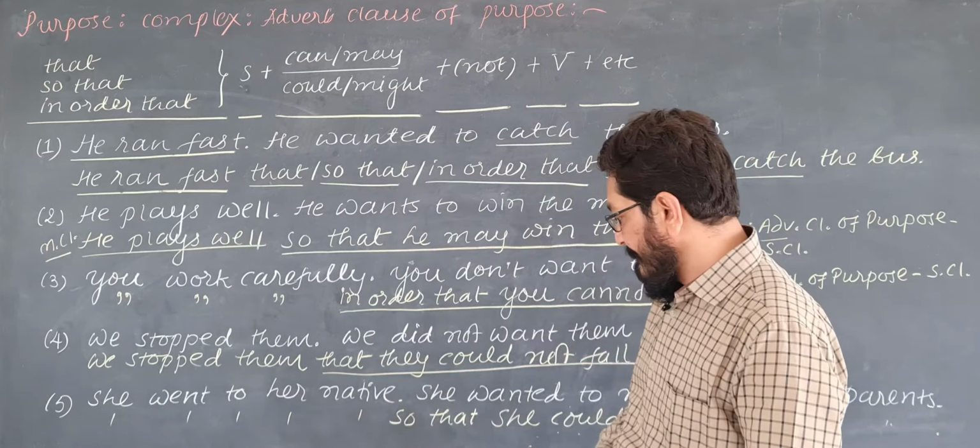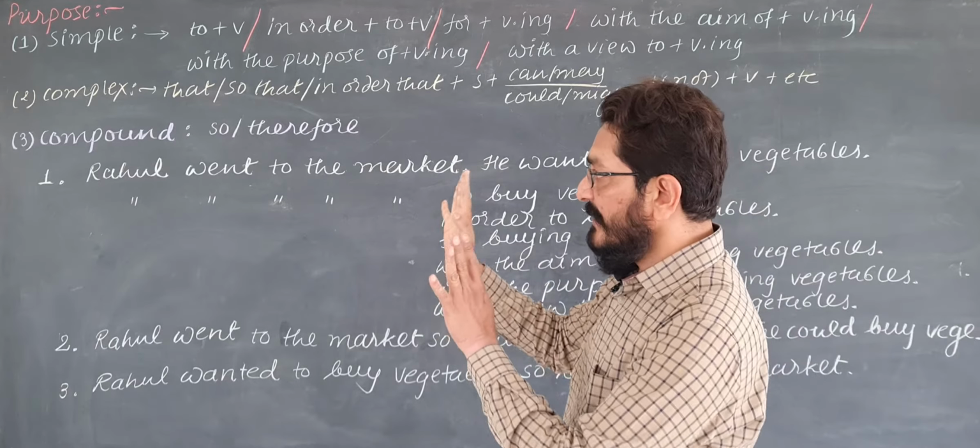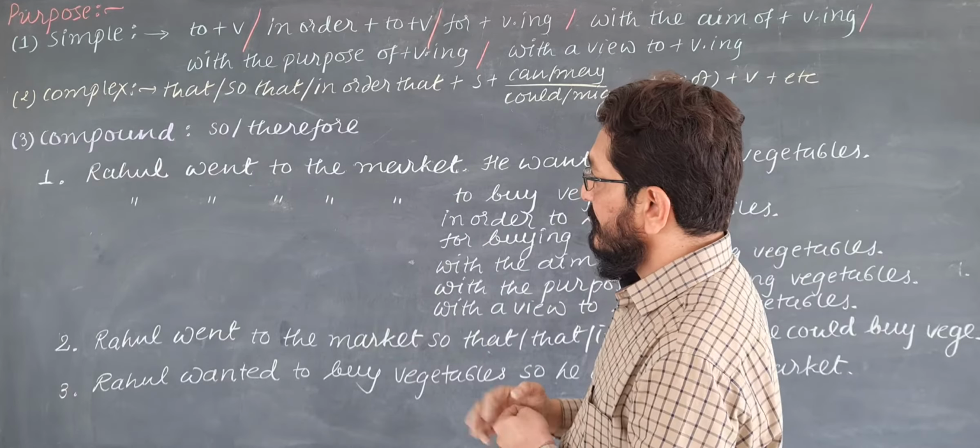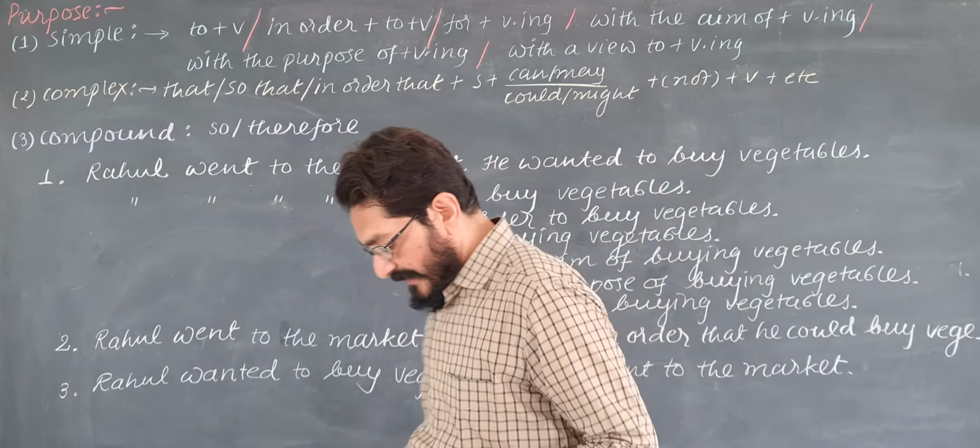Now wait for more sentences. Now see, there is another variety. Here you will find simple, compound and complex. We have learned how to make two simple sentences simple using to plus verb, in order to plus verb, for VING, with the aim of VING, with the purpose of VING, with a view to VING, right?